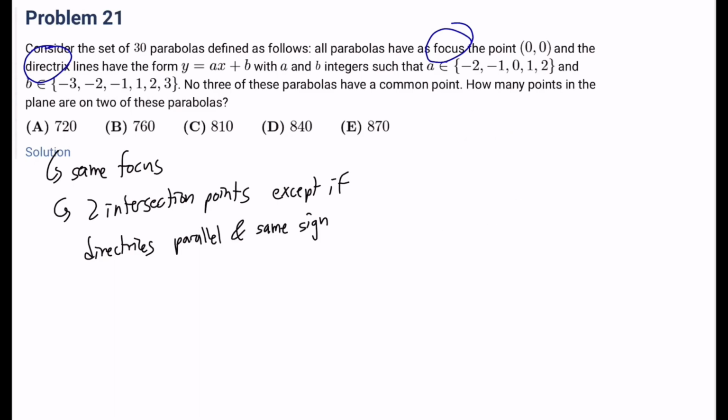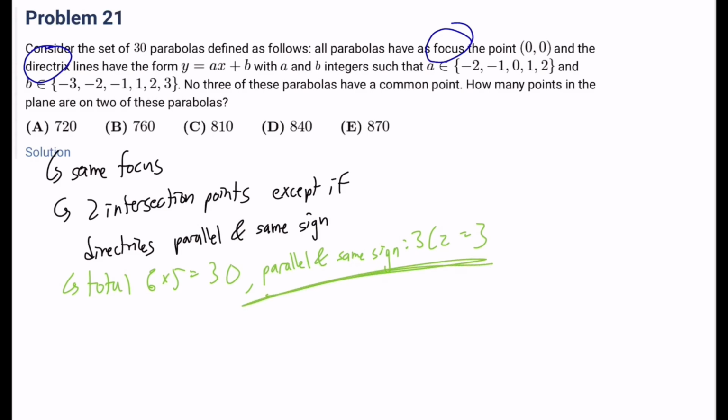Keeping that in mind, there are a total of 6 times 5, which is 30 possibilities, coming from 6 possibilities for B and 5 possibilities for A. Then the parallel and same sign cases are going to be 3 choose 2, which is 3.